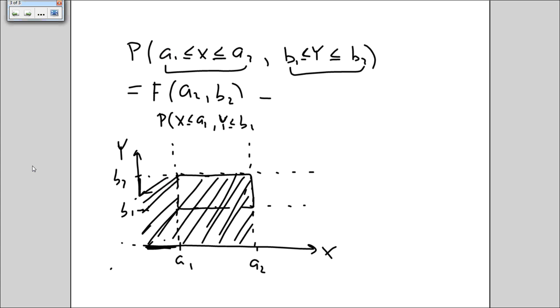I'm going to take away f of a1, b2. That is, x is less than a1 and y is less than b2. That's this area over here.